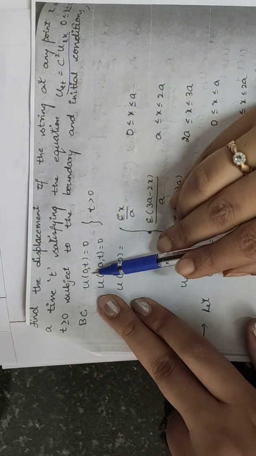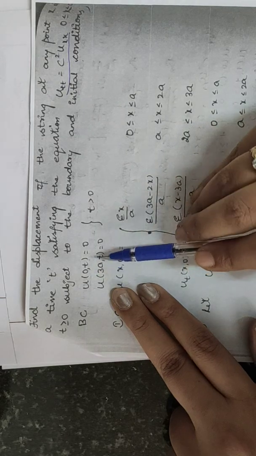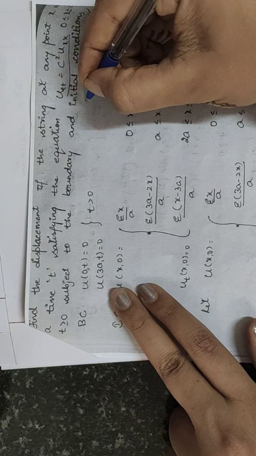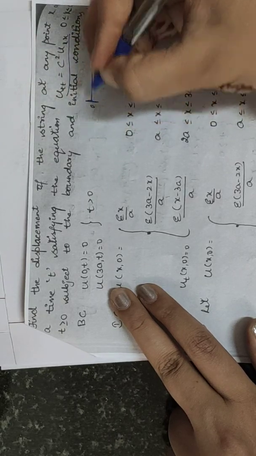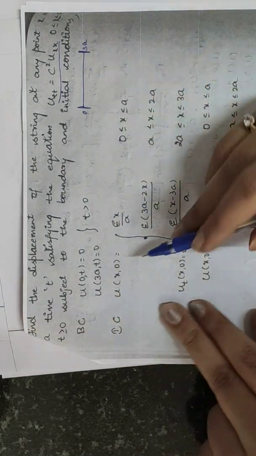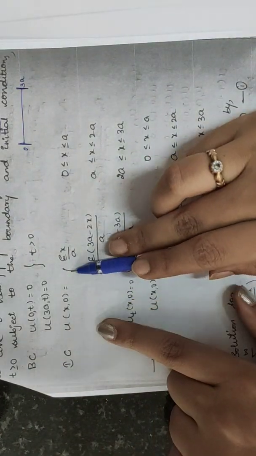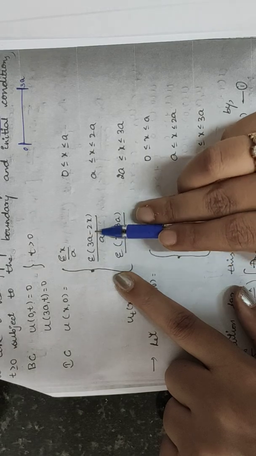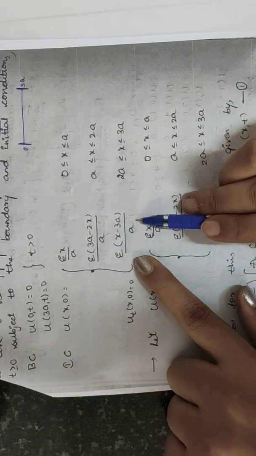The boundary condition is u of 0 comma t is equal to 0, u of 3a comma t is equal to 0, t is greater than 0. So that means the domain is varying from 0 to 3a. We have the initial condition, that is u of x comma 0 is equal to epsilon x by a, epsilon 3a minus 2x by a, and epsilon x minus 3a by a.